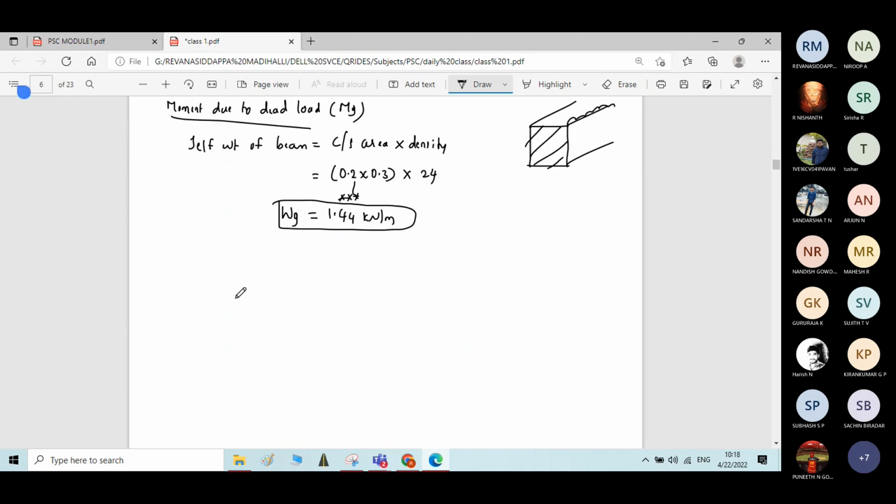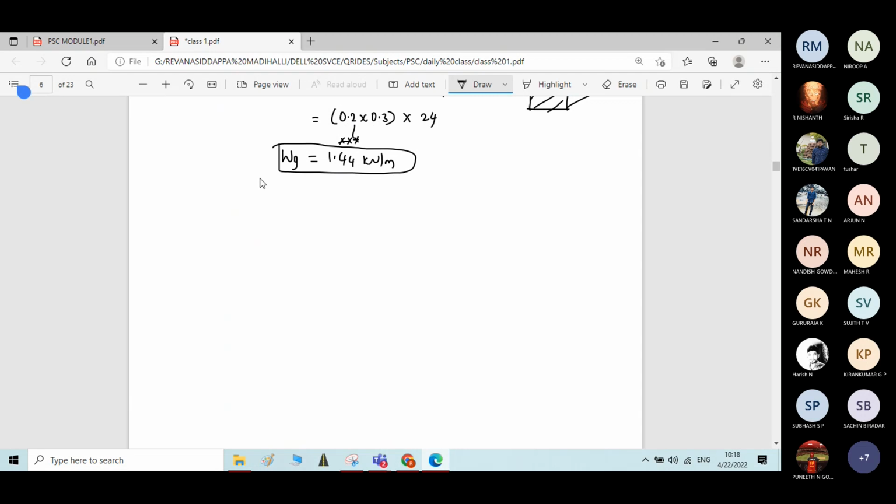Therefore we can calculate the self weight moment or the dead load moment. Mg is equal to Wg L square by 8. Wg is 1.44 into the length of the beam, which is given as 6 meter, 6 square by 8.